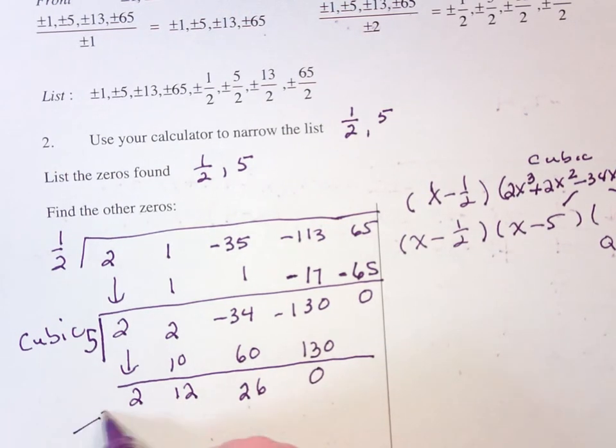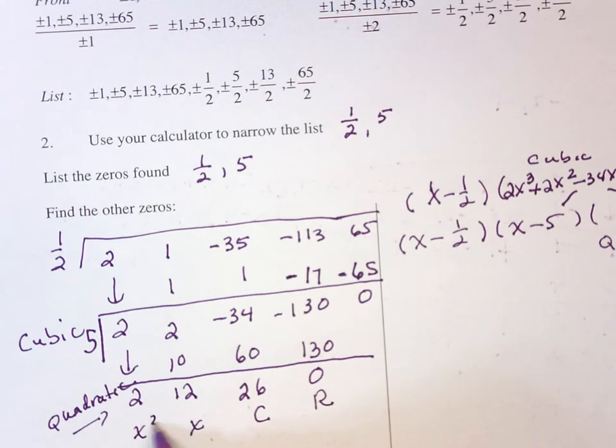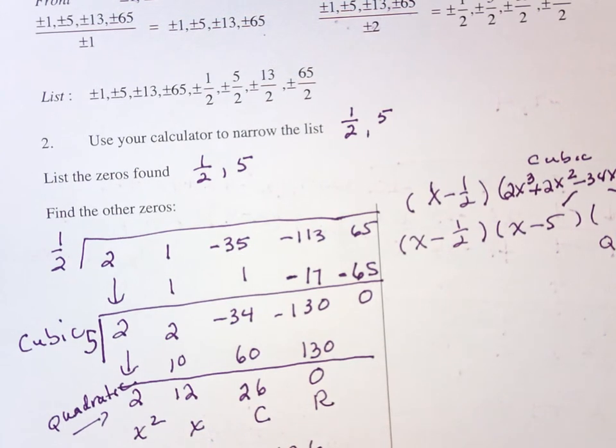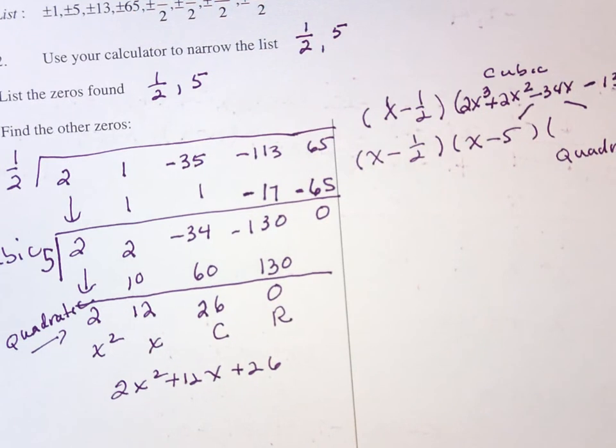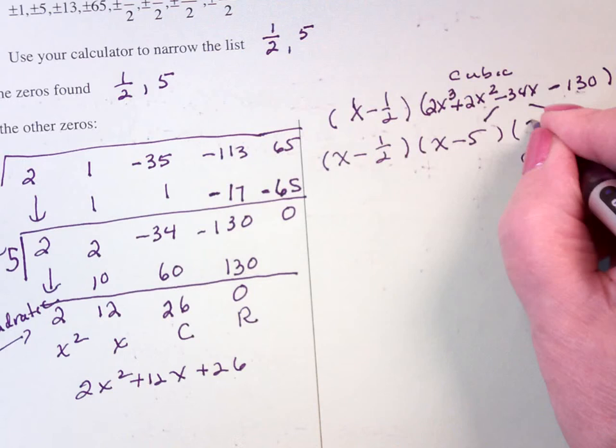So this is your quadratic. Here's the remainder, constant, x squared, so it's 2x squared plus 12x plus 26.